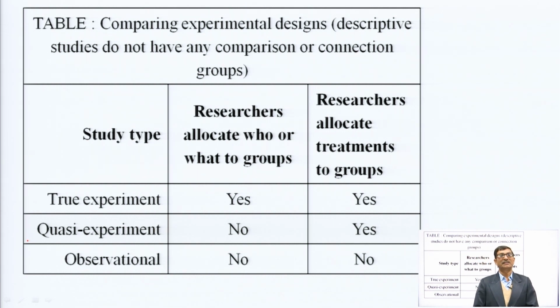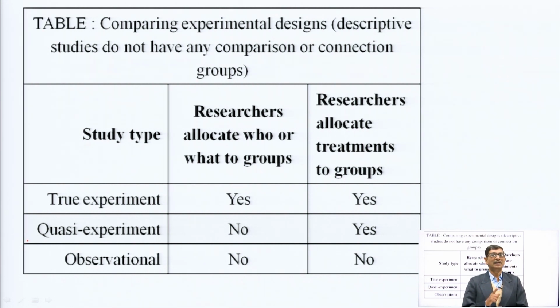In a true experiment, the researcher allocates who or what to groups. That means which treatment is applied to which person. He allocates who gets a placebo and who gets the treatment, the researcher decides this. And also the researcher allocates treatments to groups, which people are kept in the placebo group and which in the treatment group, the researcher decides this too. While in a quasi experiment, the researcher allocates treatments to groups.